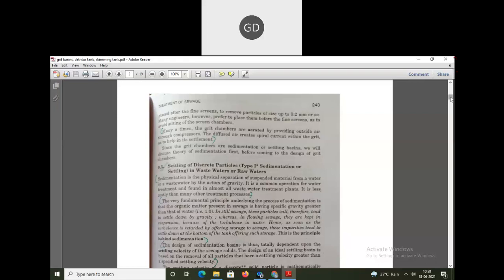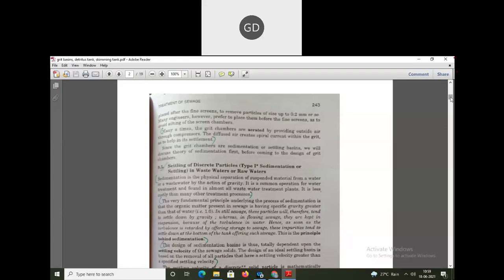When you keep the sewage in a still position for many hours, these particles tend to settle down, because of the action of gravity and also because their specific gravities are greater than that of water.